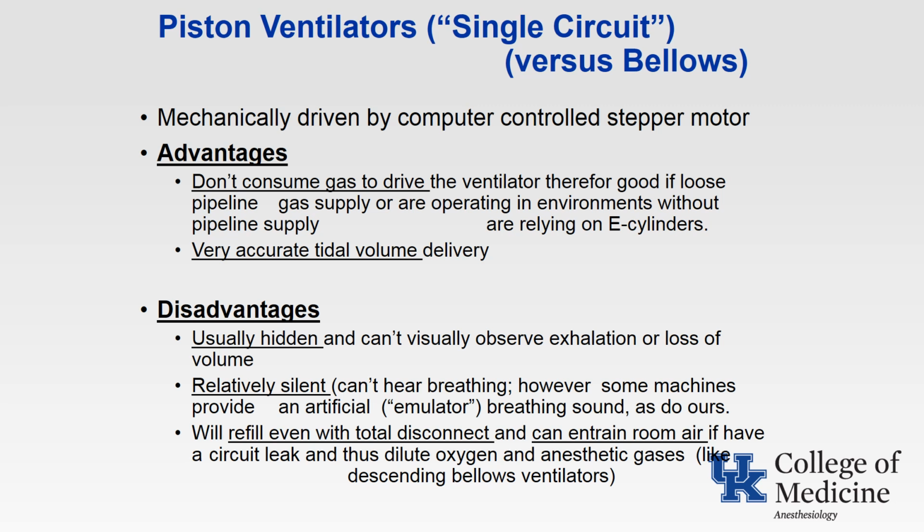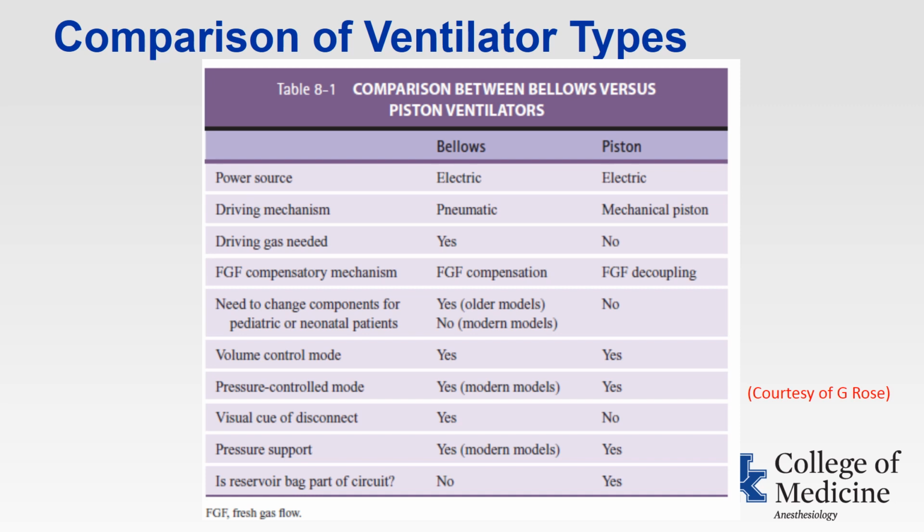They don't consume gas to drive, and they are very accurate in tidal volume delivery. But they're usually hidden and you can't visually observe them. They are relatively silent, and they can fill even with total disconnect and entrain room air if there's a circuit leak. This compares bellows ventilators with piston ventilators.